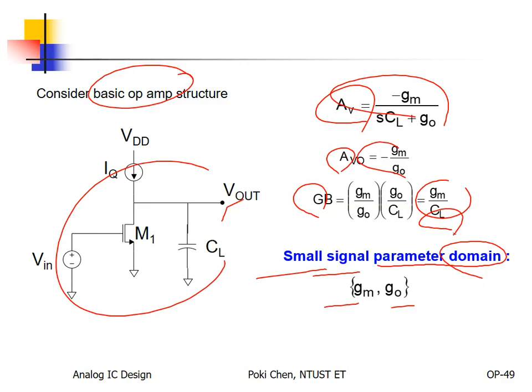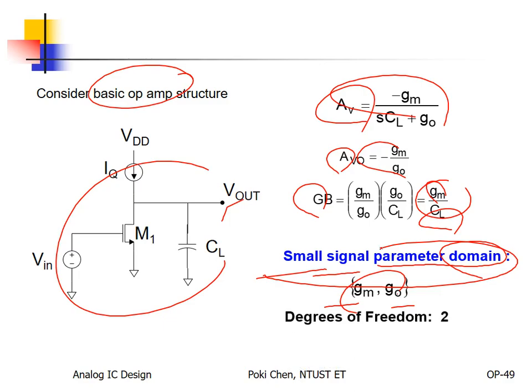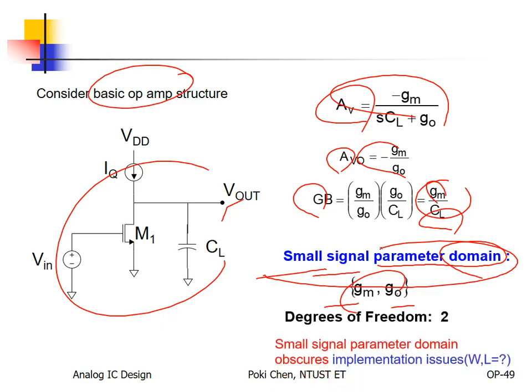After your design, you will get this. They are parasitics, so our design will focus on gm and go. That is the small signal parameter domain. We have 2 degrees of freedom. 你有2维的自由度.